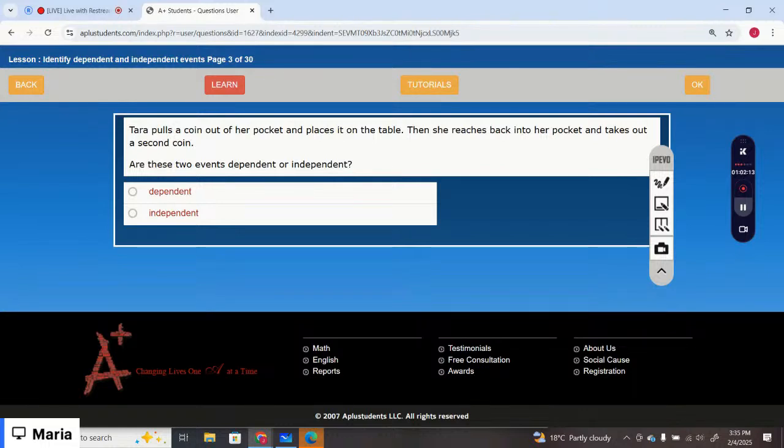Farah pulls a coin out of her pocket and places it on the table. Then she reaches back into her pocket and takes out a second one. Are these two events dependent or independent events?